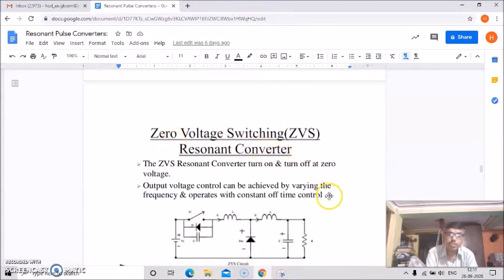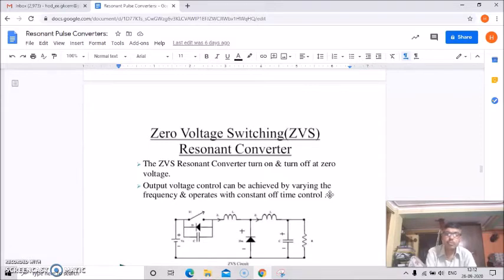Okay, so now we'll start the zero voltage switching resonant converters. The zero voltage resonant converter turns on and turns off at 0 voltage. As the name suggests, switching includes either the turn on or turn off process, so in a zero voltage switching resonant converter, it is turned on or turned off at 0 voltage.